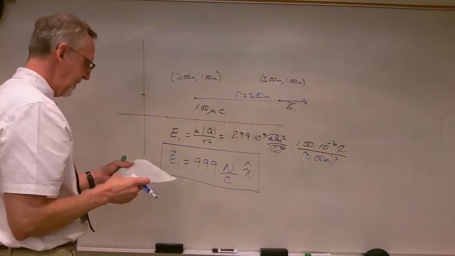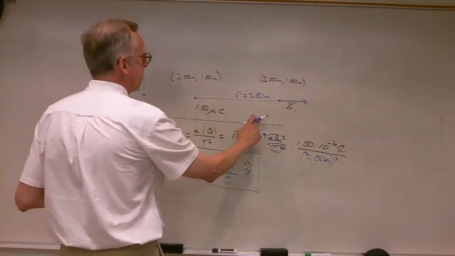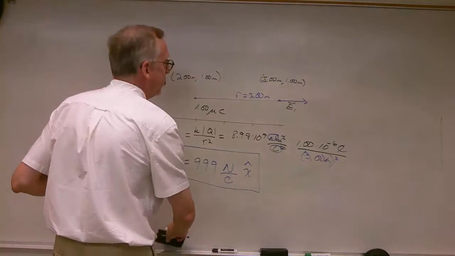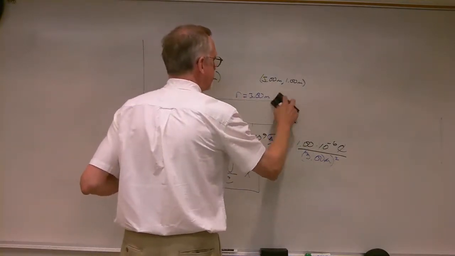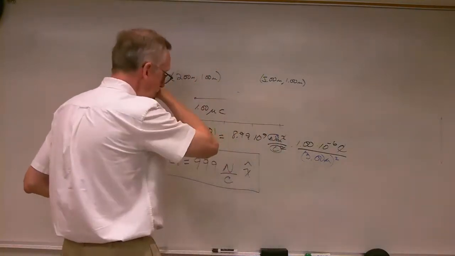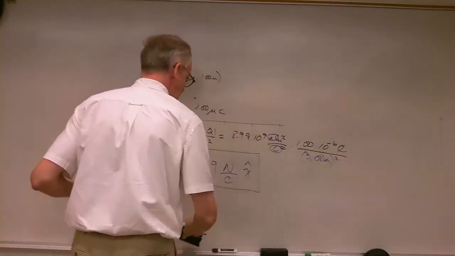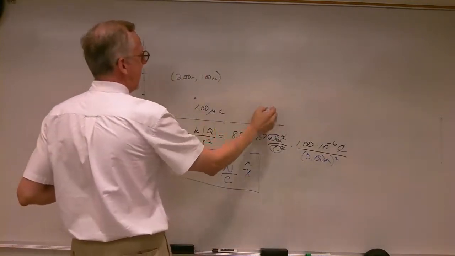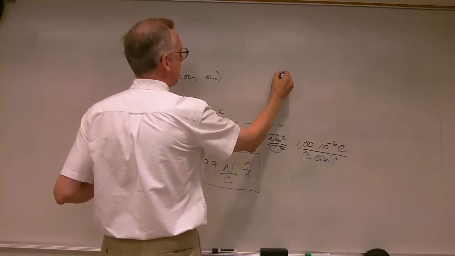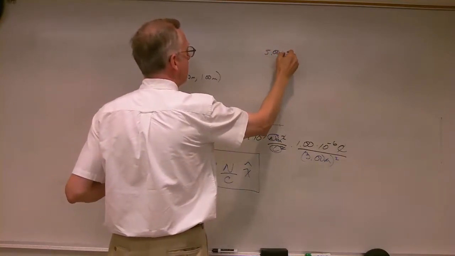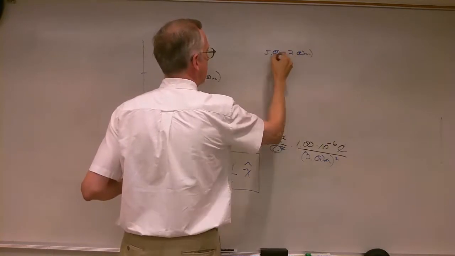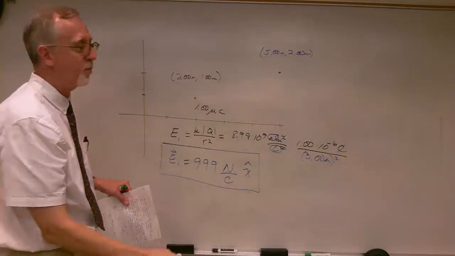Let's figure out what the electric field is, let's say at the point 5 meters, 2 meters. So, let's get rid of this. We'll keep the same charge here. Let's figure out what is the electric field at the point up here, 5 meters, 2 meters. We'll call that E2.